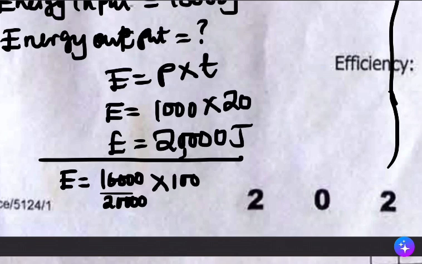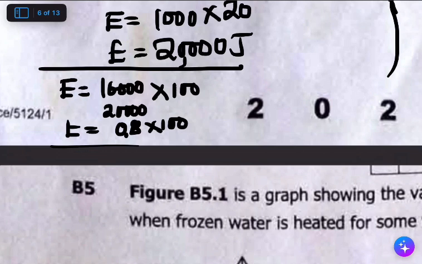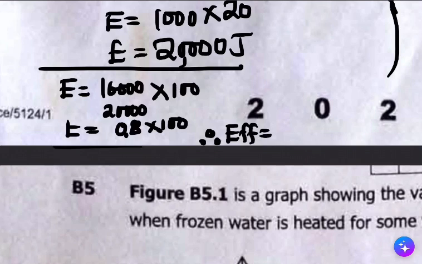When we divide 16,000 by 20,000, we get 0.8, and then 0.8 times 100 gives us 80%. So using this formula, we get the efficiency to be 80%.